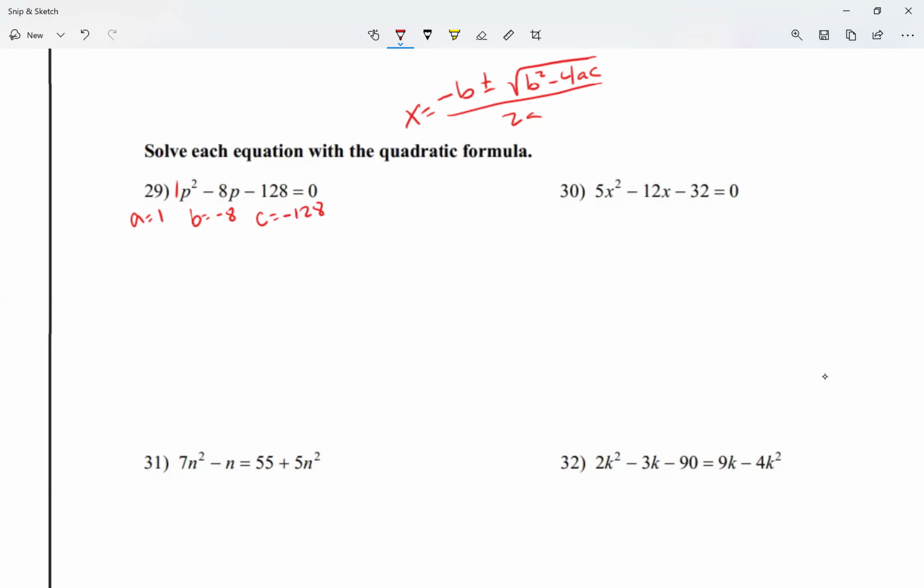Now, the reason why I had you work on the discriminant yesterday is because that's the hard part of the quadratic formula. So let me start with that. Let me start with the discriminant. I remember the discriminant was b squared minus 4ac. So that's exactly what I'm going to do.